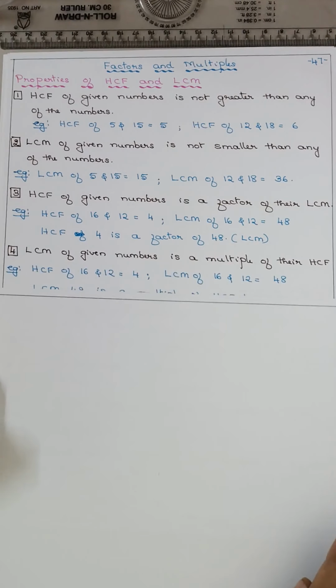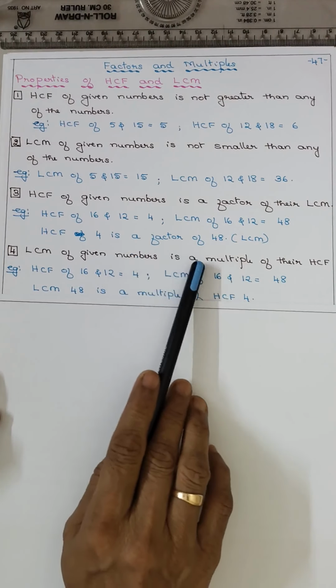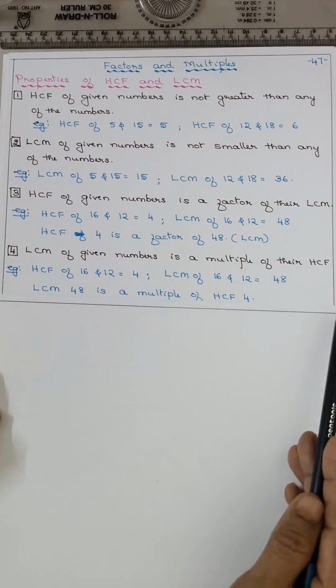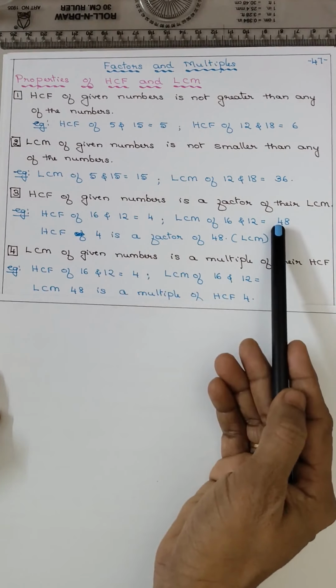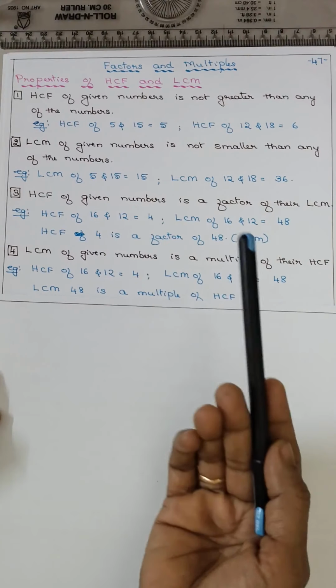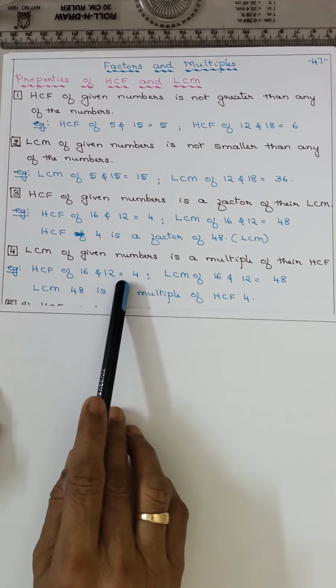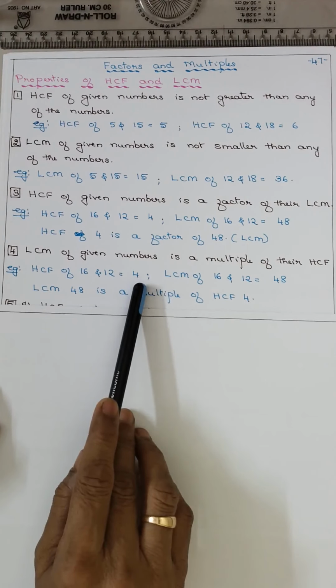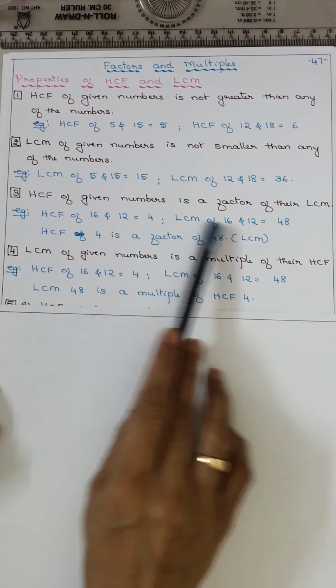Now coming to the fourth: LCM of the given numbers is a multiple of their HCF. The reverse. HCF is a factor of the LCM and LCM is a multiple of the HCF. So HCF of 16 and 12 is 4. LCM of 16 and 12 is 48.